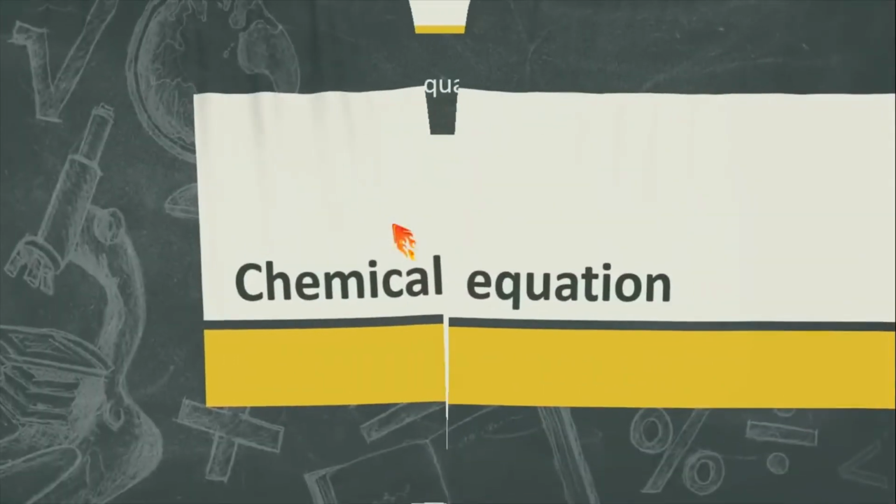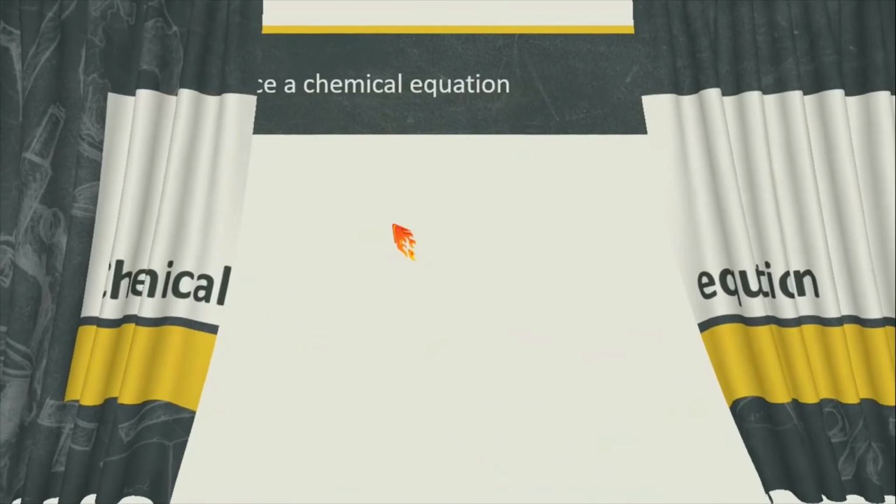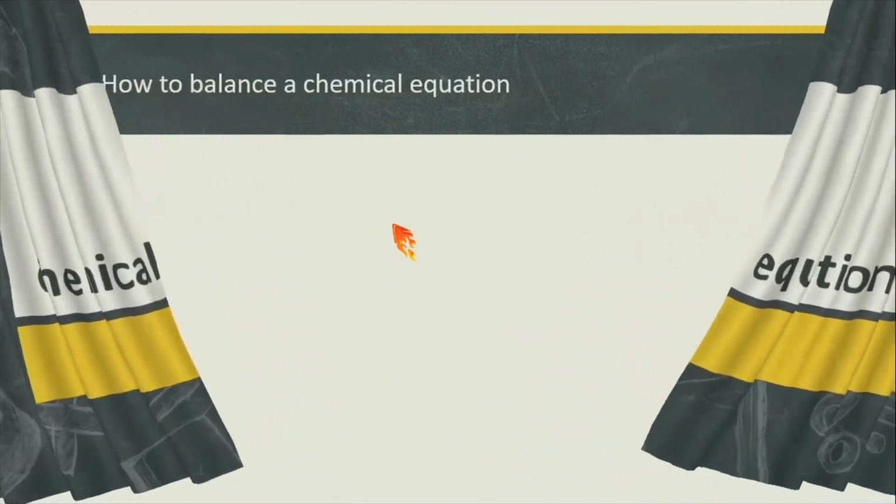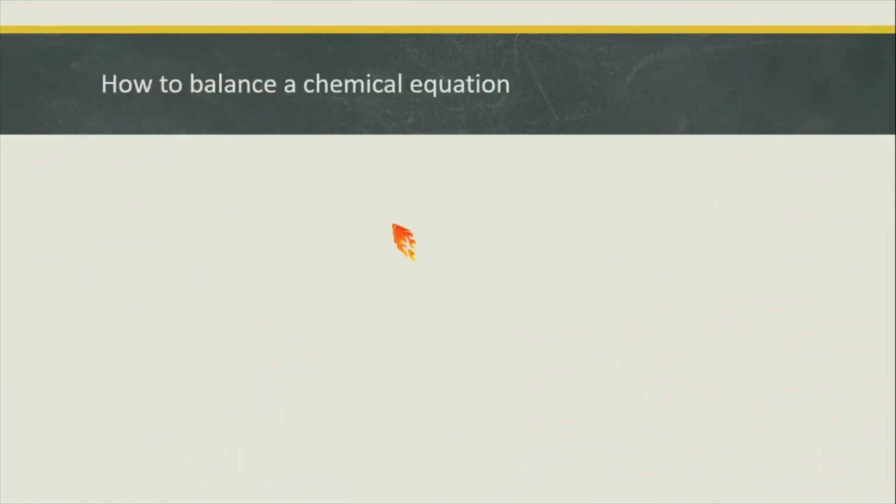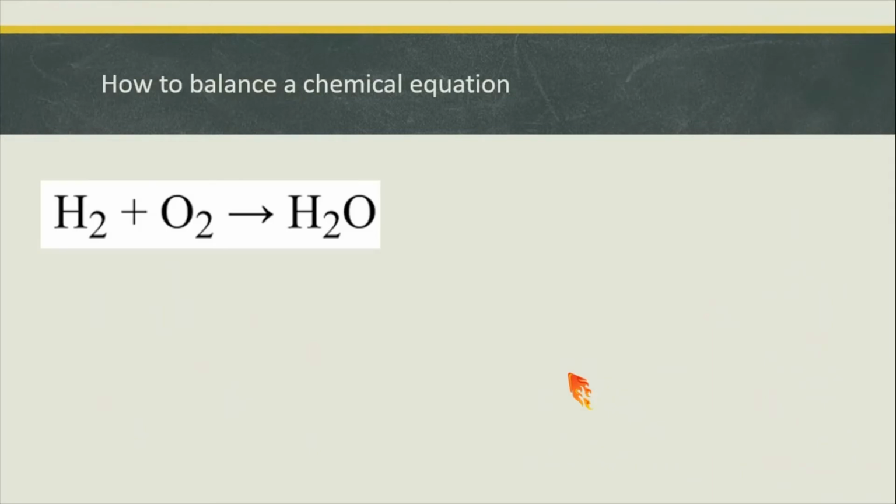So now we are into the chemical equation. We are going to see how to balance a chemical equation, which is H2 plus O2 gives H2O. I took a very simple chemical equation because it's very easy to understand.